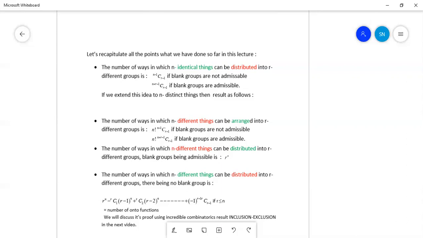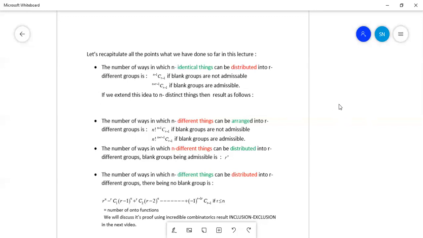At the same time, you want to distribute the n distinct things into r groups such that blank groups are not included. So in that case, directly we can understand that when you have n different things, you arrange the n objects.